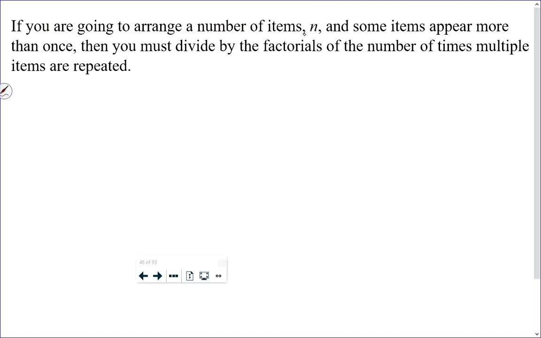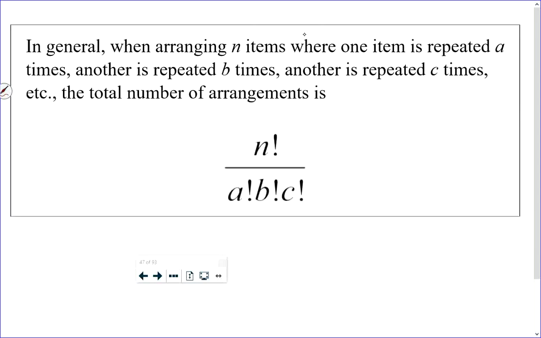The rule is, if you're arranging a number of items and some appear more than once, then you have to divide by the factorials of the numbers of times multiple items are repeated. In other words, if you're arranging n items and one item occurs A times and another one occurs B times and another one occurs C times, this is what you need to do.